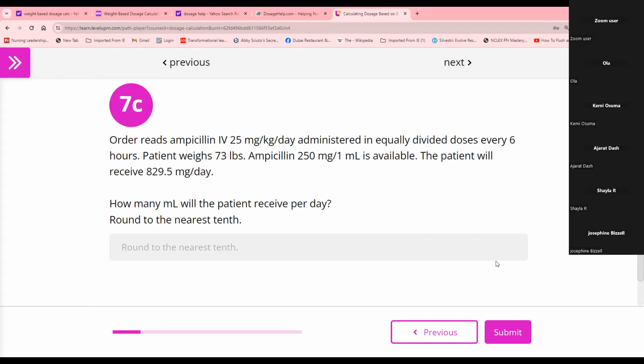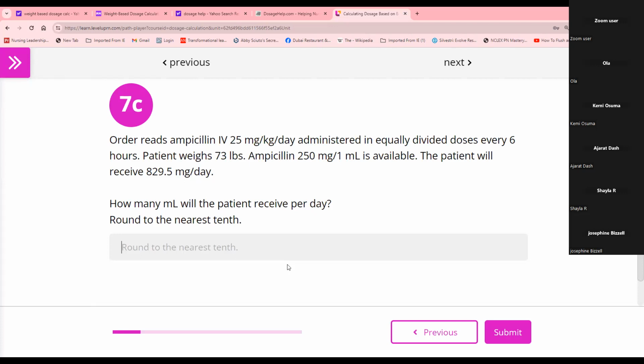So that means you have to use that higher dose that you calculated to do this. So all you're going to do is take that 829.5, right? And put it over what you have on hand, which is what? 250. Equals 3.3.